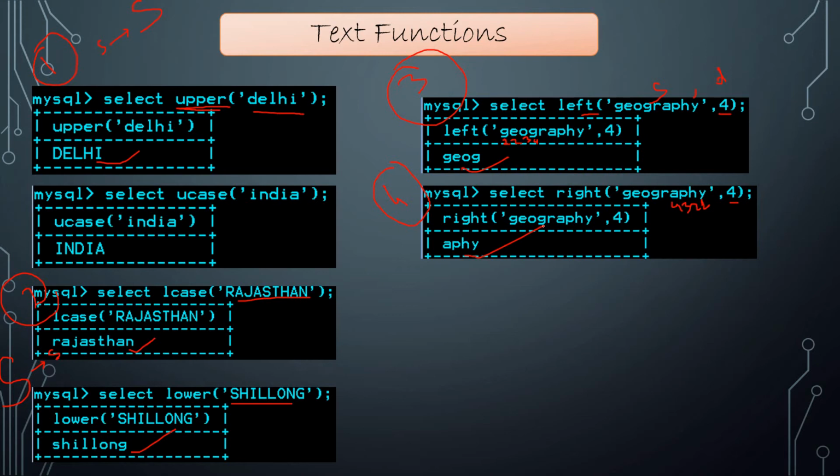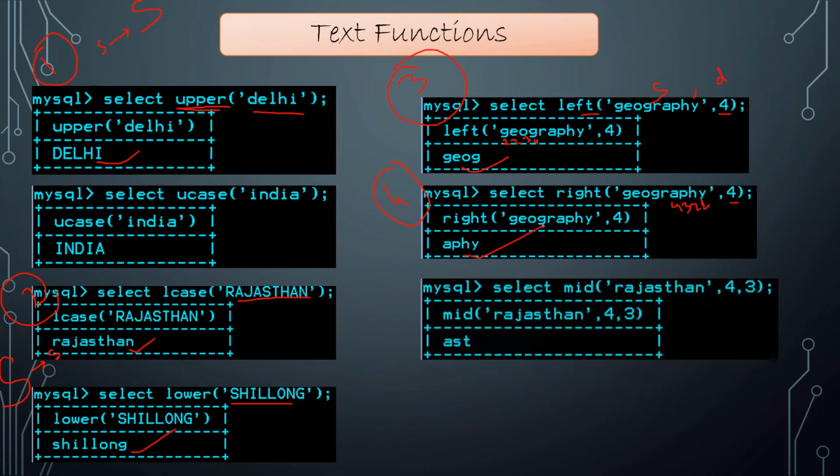Now what if I want to fetch a substring or a slice from the middle? Then I have a function named mid. Now one more thing: similarly, like upper I have UCASE, and like lower I have LCASE. For mid I have 3 functions.